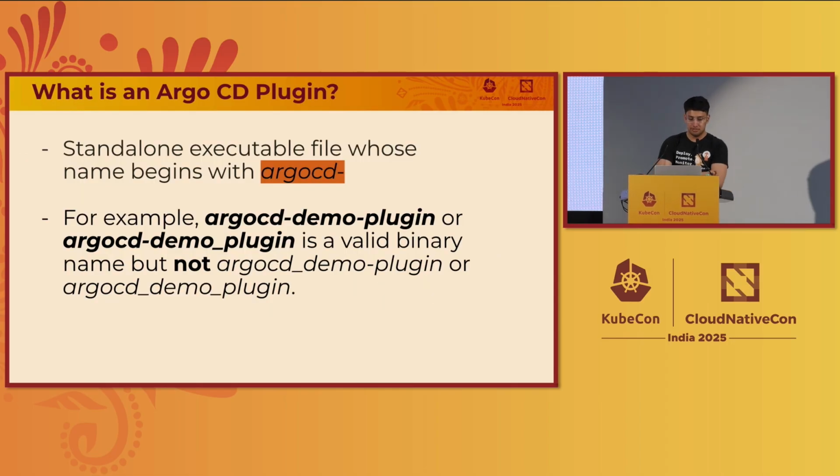What is an ArgoCD plugin? As the definition says, it's a standalone executable file whose name begins with ArgoCD hyphen. This is a very important condition that you need to remember. Any binary whose name starts with ArgoCD hyphen will be respected by ArgoCD, so it can consider it as its own subcommand.